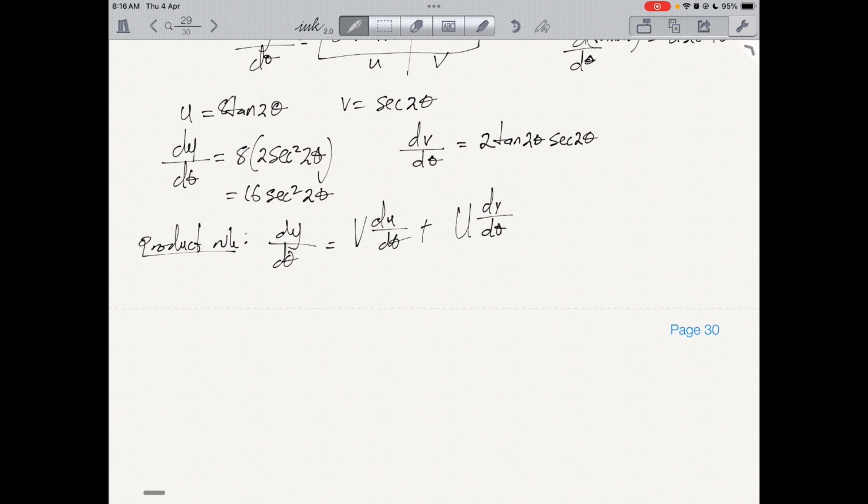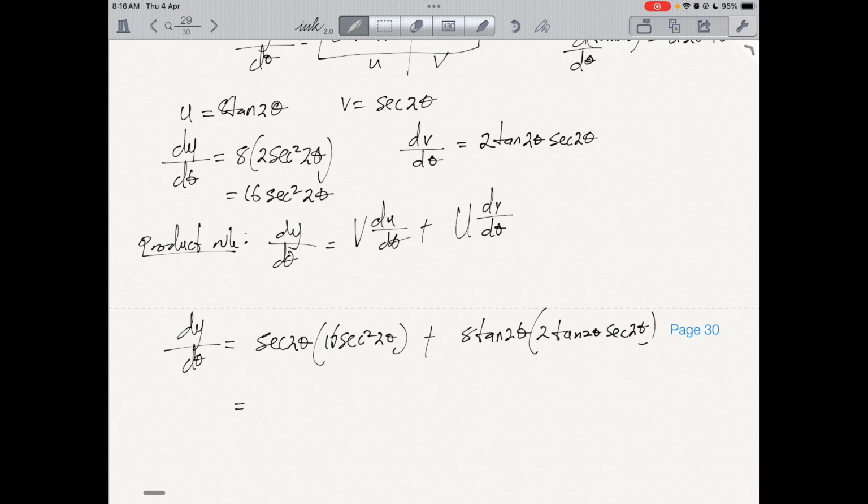Therefore, we can make our substitution. Our v is known to be sec 2θ, our du/dθ known to be 16 sec² 2θ, our u, which is 8 tan 2θ, combined with 2 tan 2θ sec 2θ.